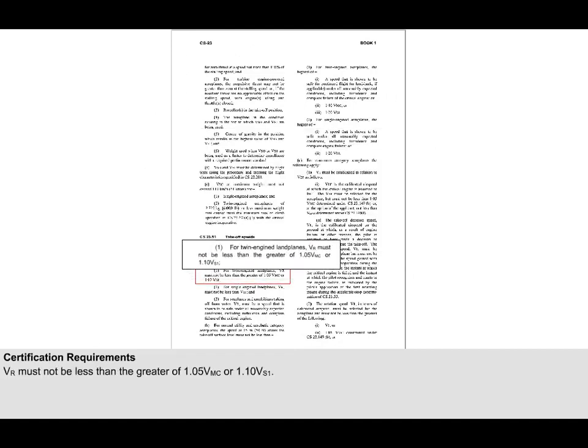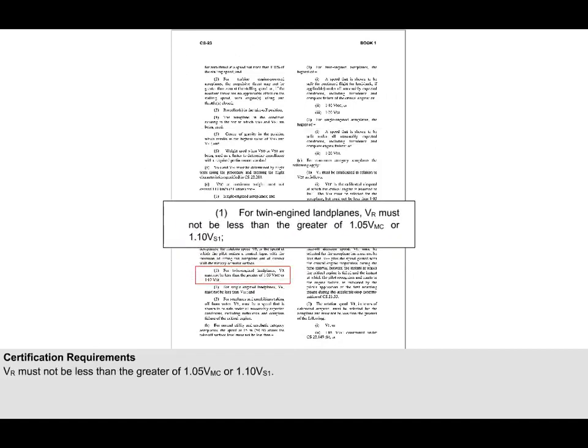The specifications state that for twin-engined land planes, VR must not be less than the greater of 1.05 VMC or 1.10 VS1. VMC is the velocity of minimum control, which means the minimum control speed with the critical engine inoperative. VS1 means the stall speed, or minimum steady flight speed obtained in a specified configuration.